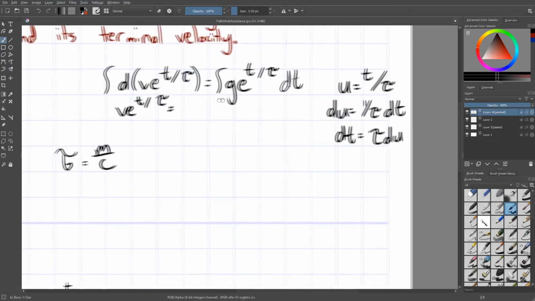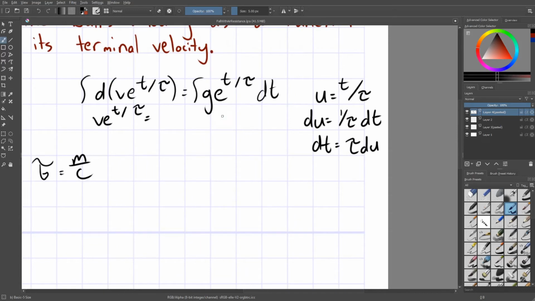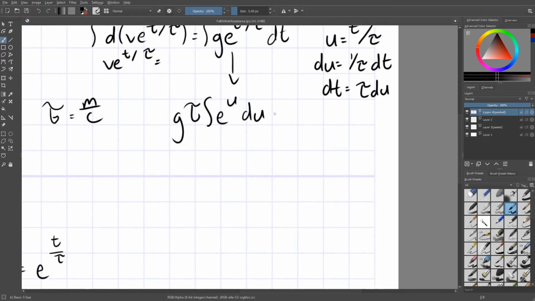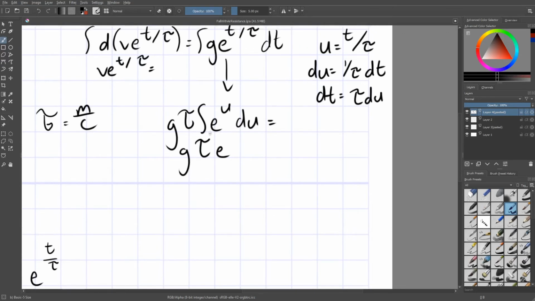So if we go ahead and make that substitution, we can rewrite this integral as g times the integral, or gτ times the integral of e^u du, and that's just gτ e^u, which I'll go ahead and sub back in my t over τ, and plus our constant.